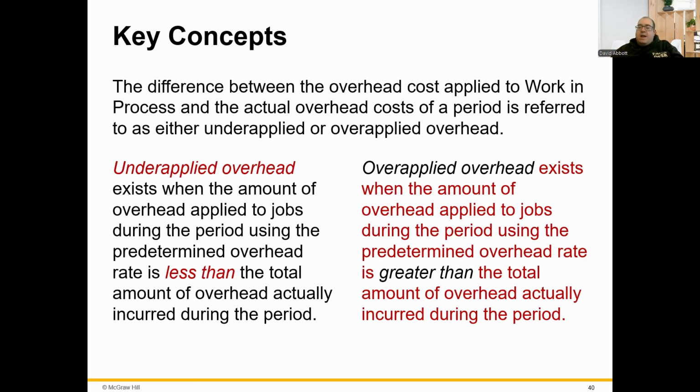And so because of that, either it's going to cause an underapplied overhead where we do not apply enough, or an overapplied overhead where we apply more than what we actually spent. So that's what we're going to look at here. An underapplied overhead exists when the amount of overhead applied to jobs during the period using the predetermined overhead rate is less than the total amount of overhead actually incurred during the period.